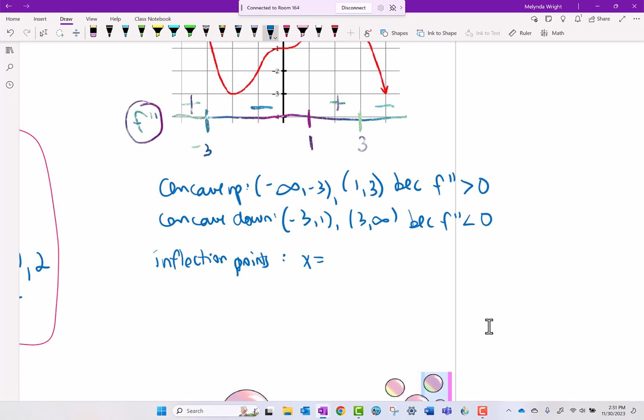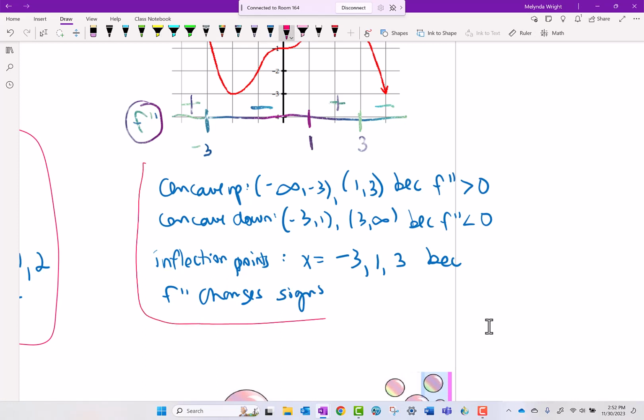It changes sign at negative 3, at 1, and then at 3. And then we would say because f double prime changes signs. I think that's why I like using the second derivative, because it's just easier to write out than using the first derivative about concavity and stuff.